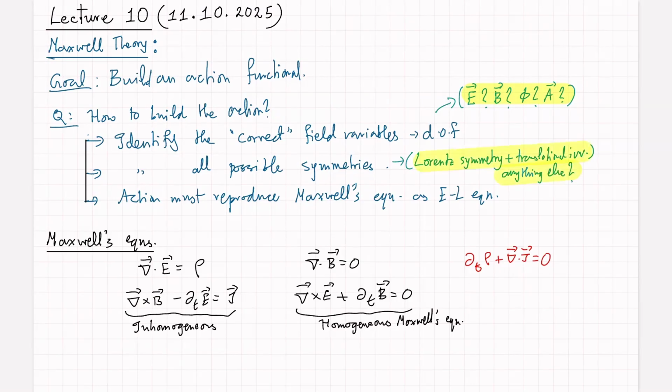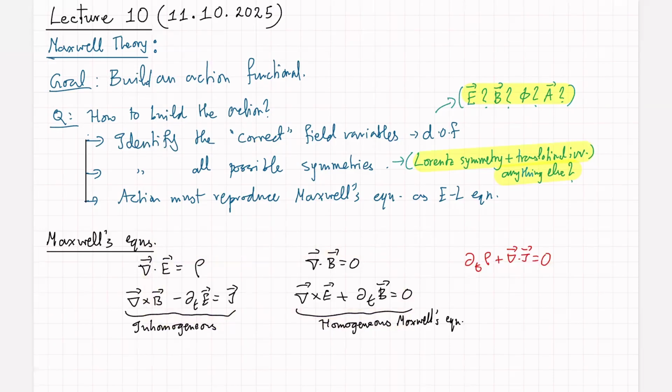And finally, regarding the last point, we need to also discuss whether our action should reproduce all 4 of these Maxwell's equations as Euler-Lagrange equations, or should it reproduce some subset of them? Is the question clear?